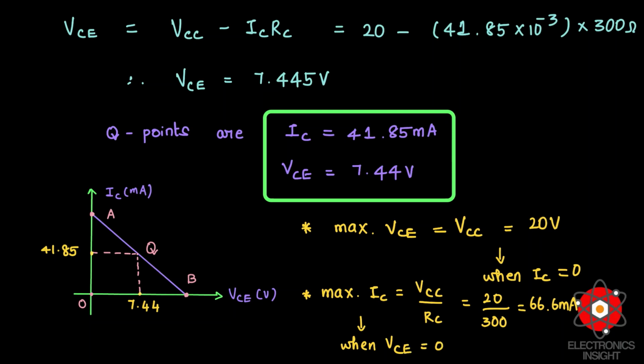So these are the two points. When IC is 0, the maximum VCE possible is 20 volts. And when VCE is 0, the maximum collector current possible is 66.6 milliamps.